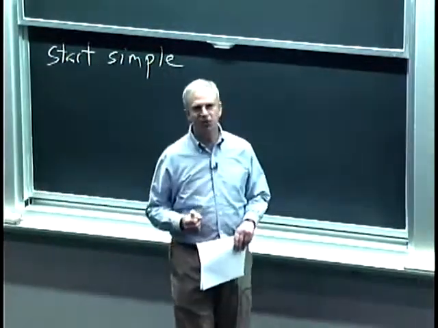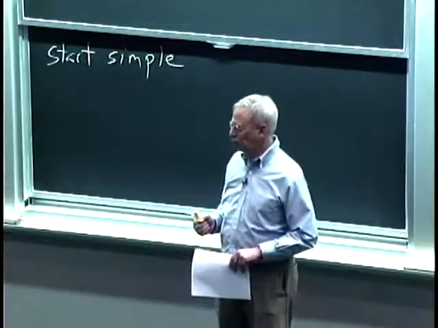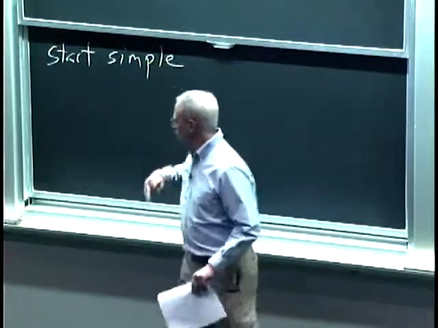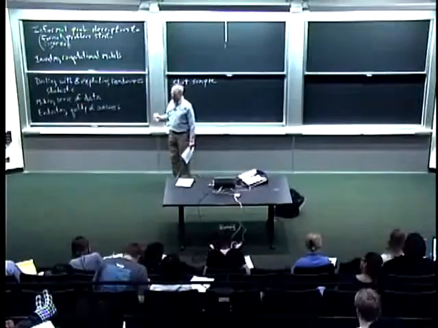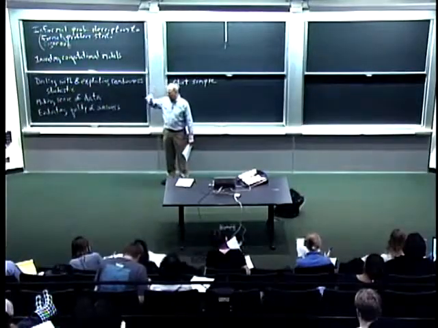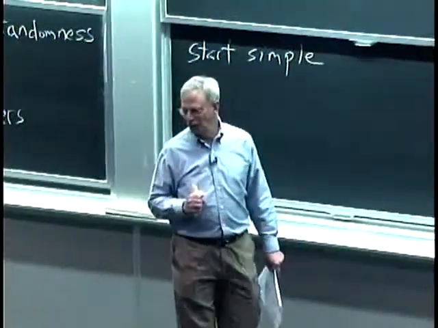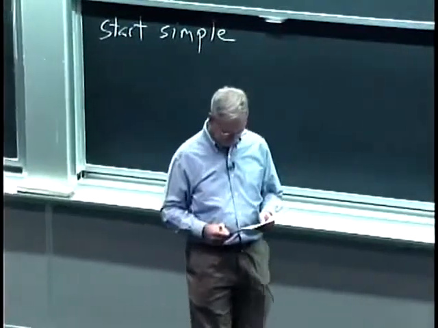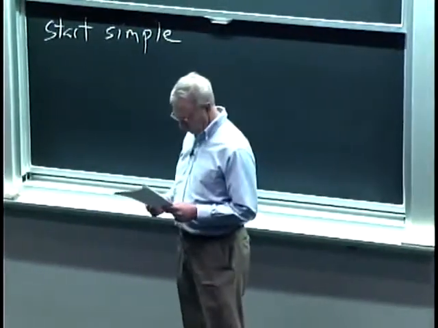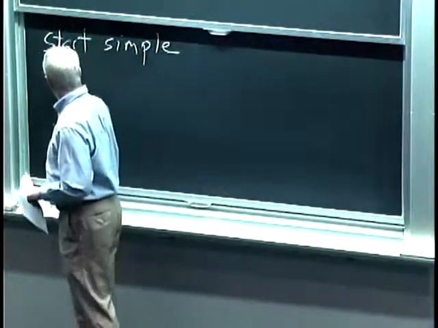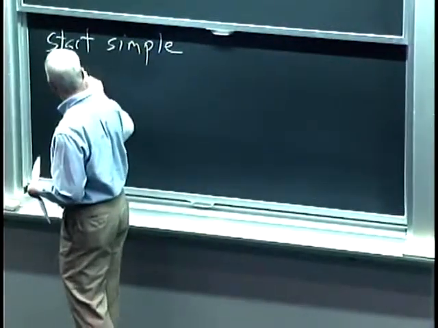Start with some simple approximation to the real problem, check that out, and then if it turns out not to be a good enough model of the world, add some complications. But don't start with the complicated model. Always start with the simple model. So I'm going to start with the simple model, and I'm going to assume, as we've seen before, that we have Cartesian coordinates.